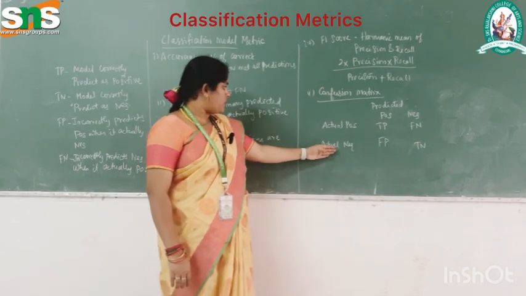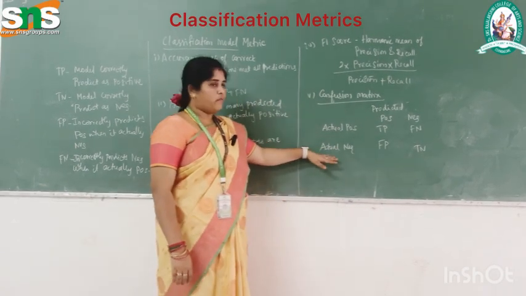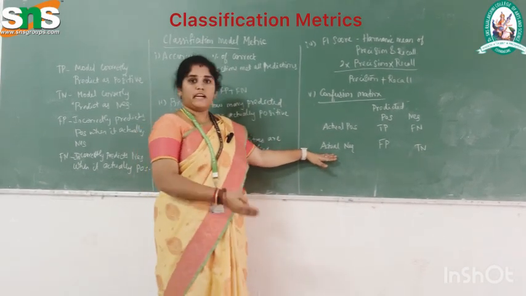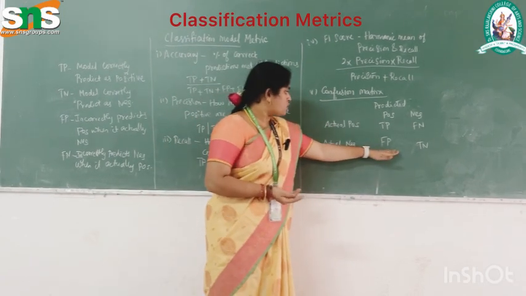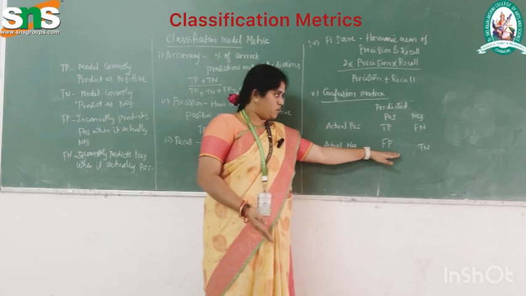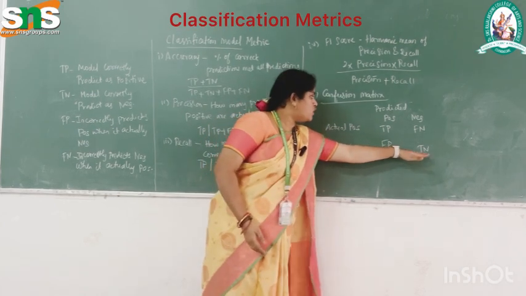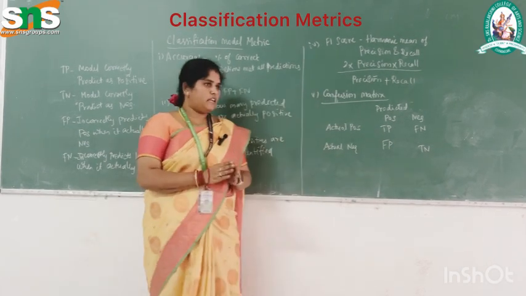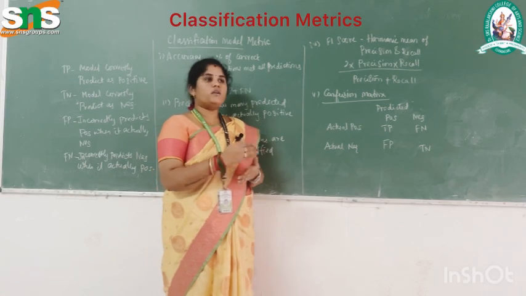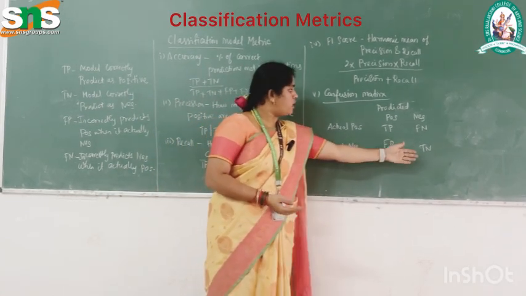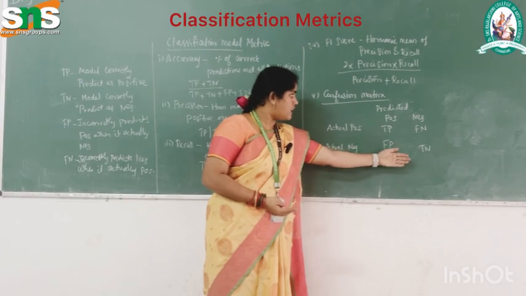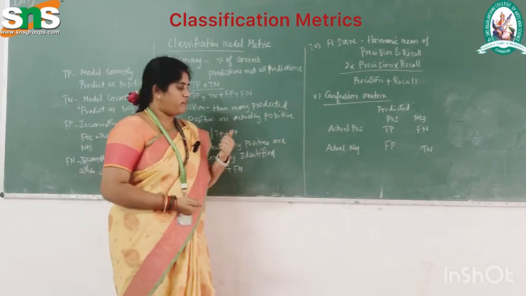Next is the FP: it is actually a negative one, but our model identified it as positive, which leads to the false positive. The last one is true negative: it is actually negative, and our model also identifies it as negative.